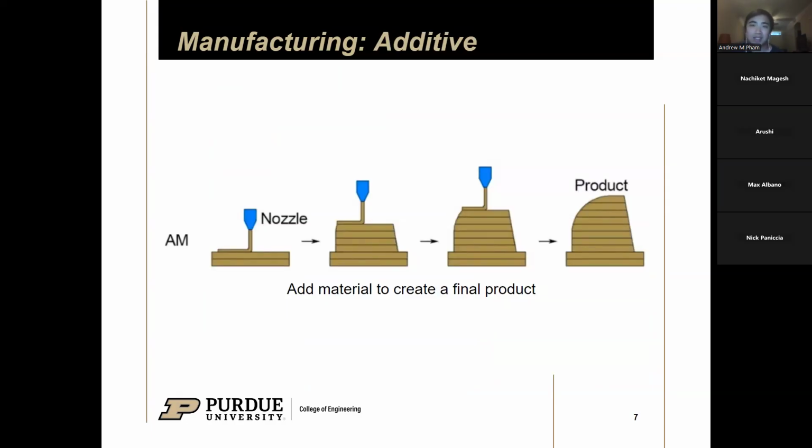That's basically the opposite of subtractive manufacturing, right? You start with nothing, but then you have some kind of tool that deposits material, and it builds up until you have your final product. So on the left, there's nothing, just a build surface, and then you have a nozzle or some kind of tool that deposits material until you get your end product.